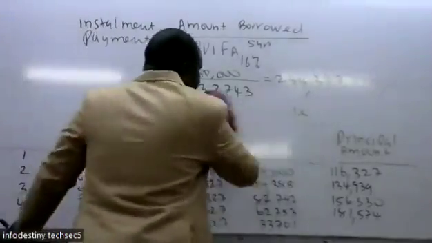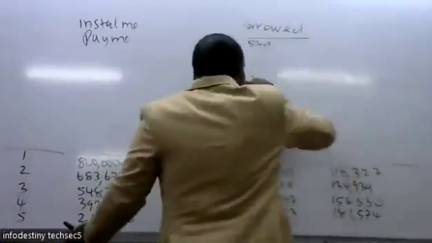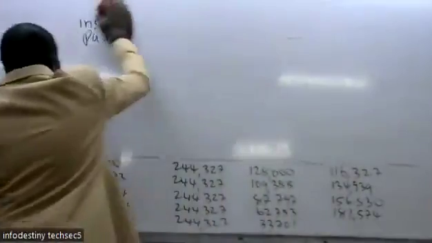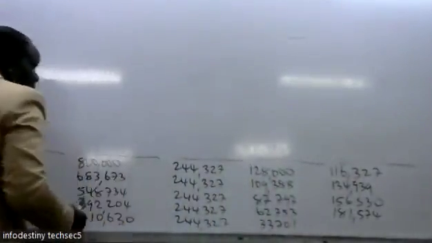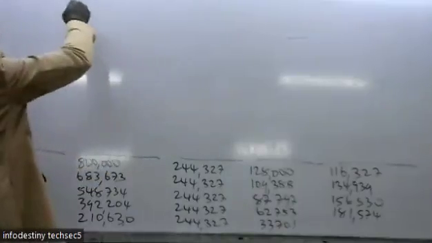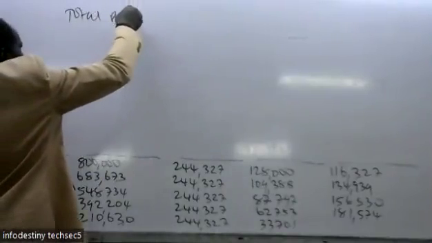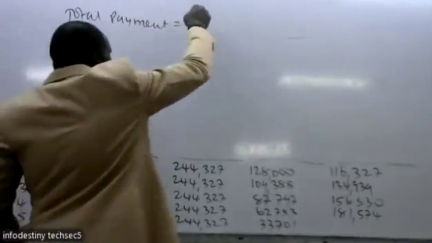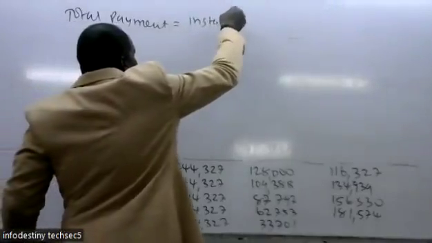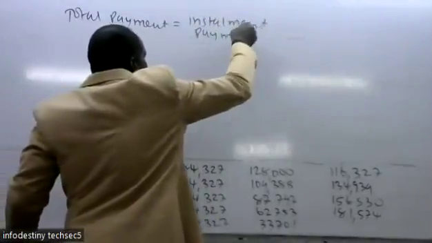Let us first get the total payment. Then after getting the total payment, we shall also come up with the total taxable income. So total payment will be equal to the installment payment.